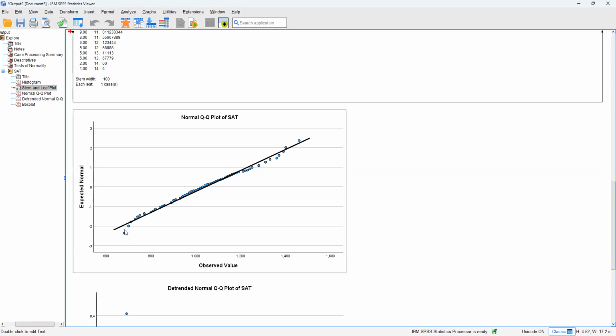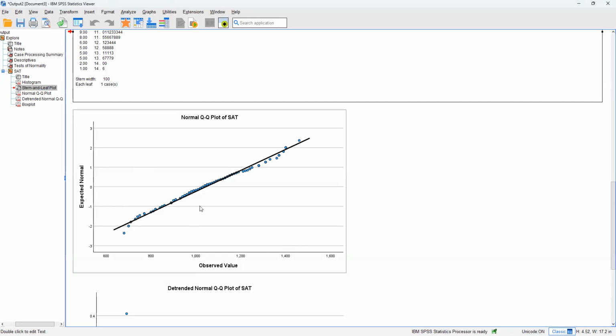The dots represent the observed values. So the closer the dots are to this diagonal line, the more likely it is that our distribution is normal. Typically, these dots stay pretty close to that line, so it's a pretty clear case that our distribution is normal. But that's not always the case.